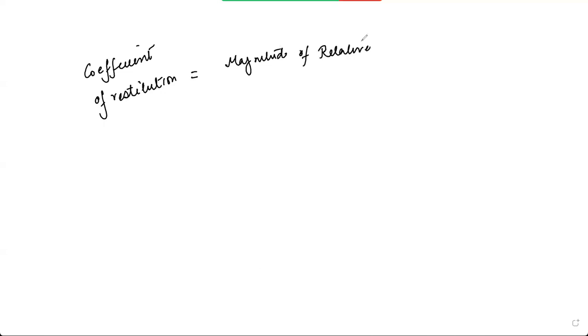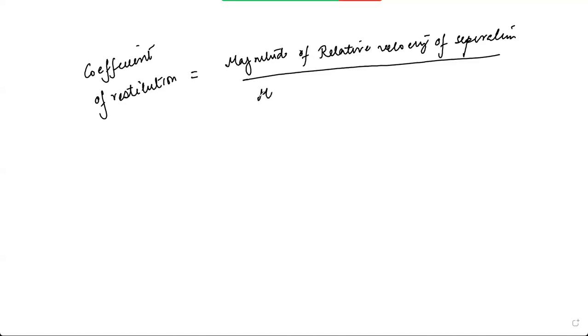Dimensional formula of coefficient of restitution. Coefficient of restitution is the magnitude of relative velocity of separation by magnitude of relative velocity of approach.